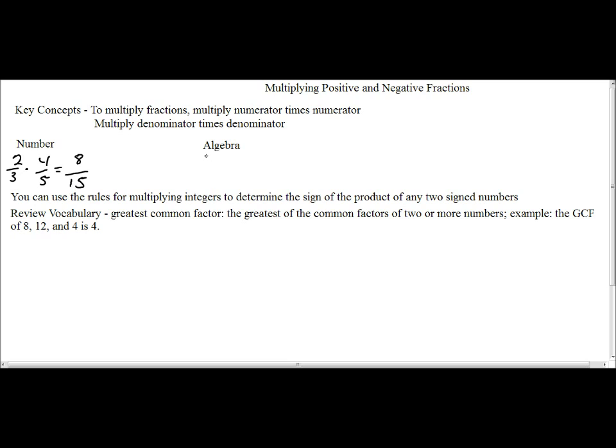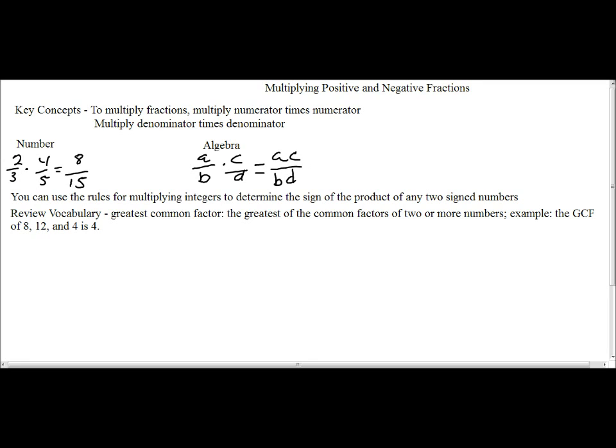So if we have the algebraic a over b times c over d, this will equal ac over bd, and we're assuming here that b and d do not equal 0 because they're in the denominator.